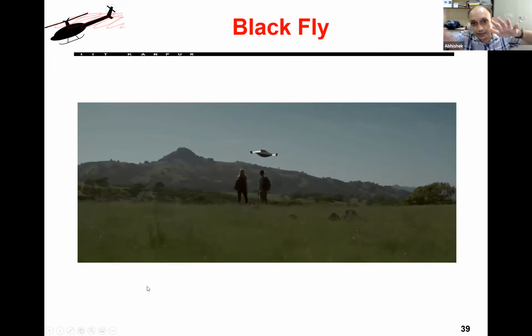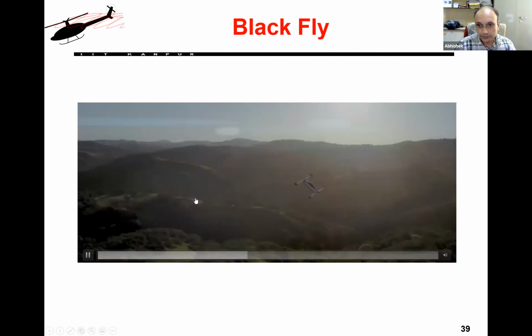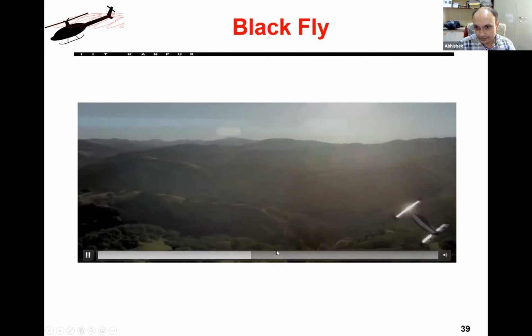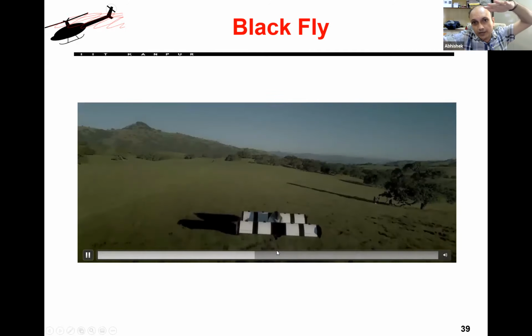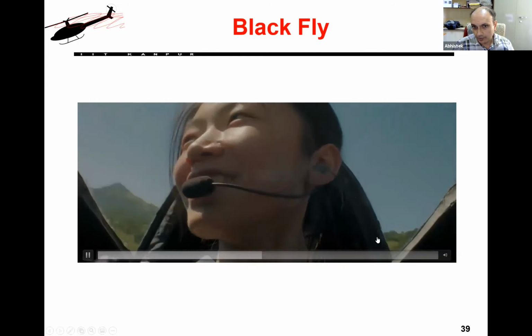To do forward flight, the vehicle will pitch by almost 45 degrees. This is forward flight. In forward flight, both your wings are in different planes.